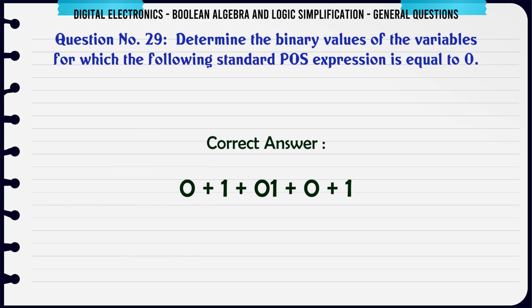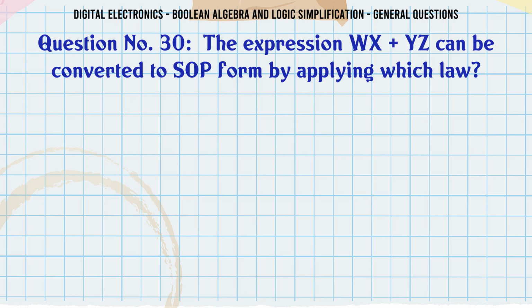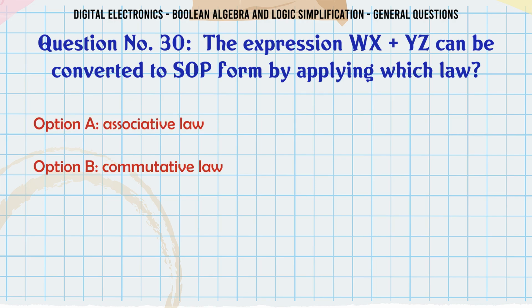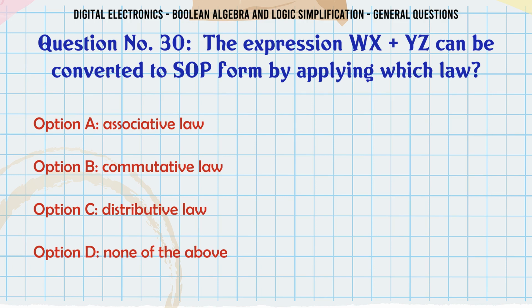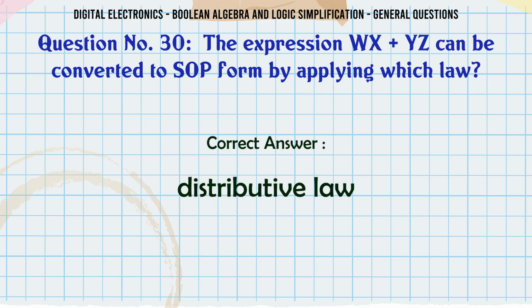The correct answer is 010101. The expression W(X + YZ) can be converted to SOP form by applying which law? A. Associative law. B. Commutative law. C. Distributive law. D. None of the above. The correct answer is distributive law.